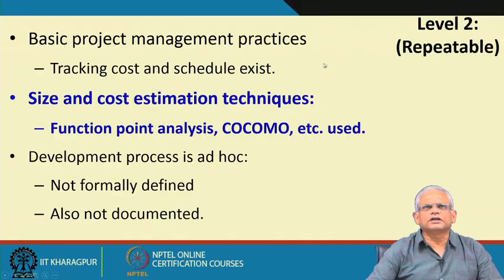Level 2 is called the repeatable level, because here the basic process framework is in place and some of the basic requirements are in place, and therefore an organization at level 2, if it has success in a project, can repeat its success on a similar project. If it developed a payroll software successfully for some organization, then it can successfully develop another payroll software for some other organization.